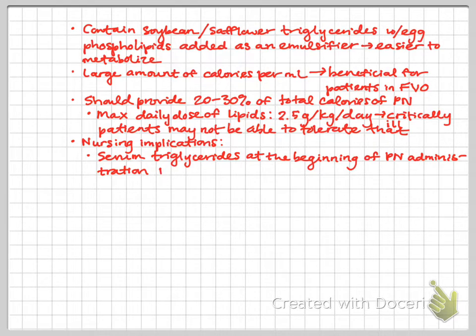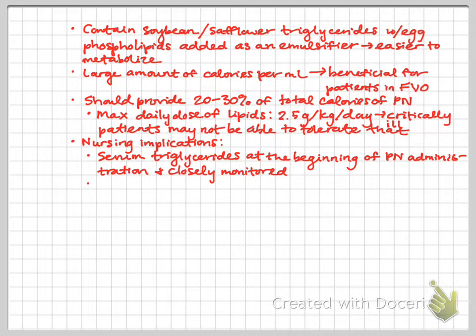And then after that, closely monitored, because too much fat, we know from level 2, is not a good thing when it develops into atherosclerosis, especially in conjunction with too much sugar, which is inflammatory.